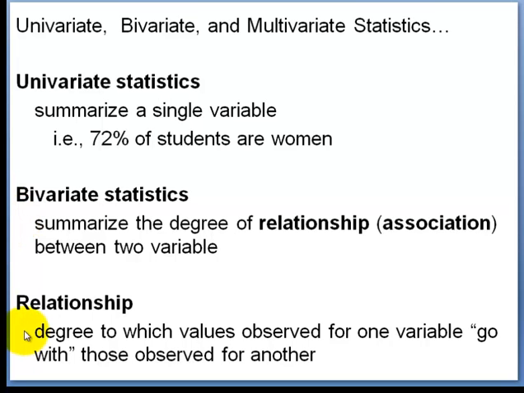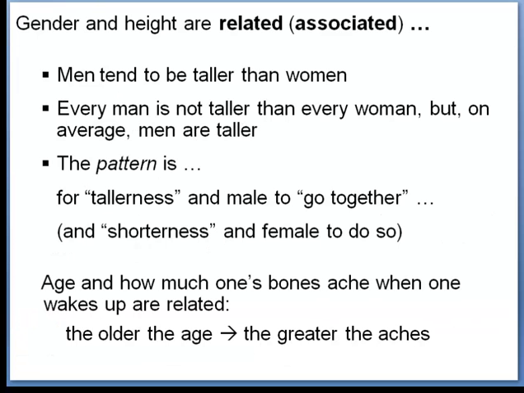Relationship can be defined as the degree to which values observed for one variable go with those observed for another. A synonym for relationship is association. We may also say that associated and related are synonyms. So relationship captures a notion almost of going together.